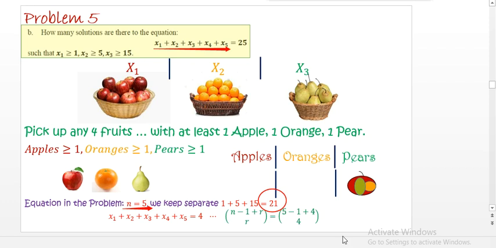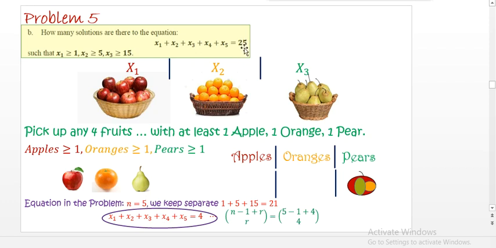So 1 plus 5 plus 15, which is 21. These 21 objects I have separated, and now my new equation becomes x1 plus x2 plus x3 plus x4 plus x5 is equal to 25 minus 21. 21 objects I have already separated. In total I have to choose 25.